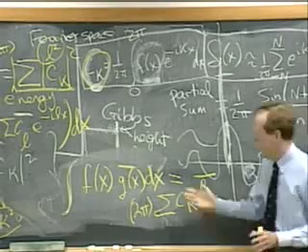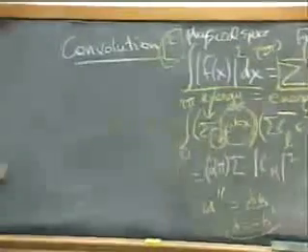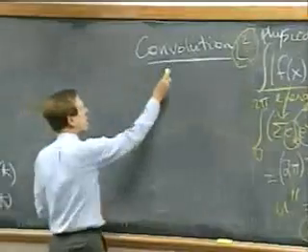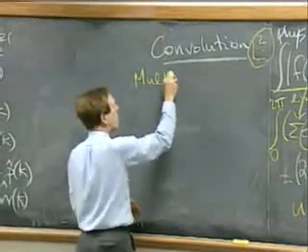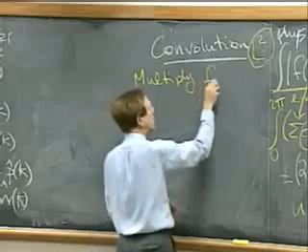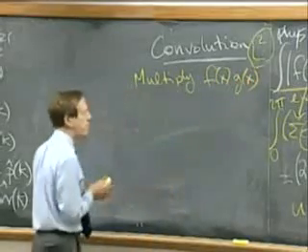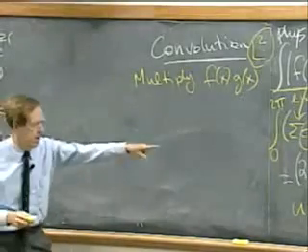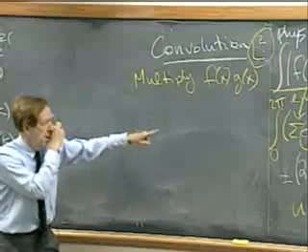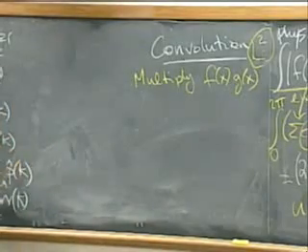Okay. But now we come to convolution. And what's the point of convolution? That we multiply functions. We multiply f of x, g of x, and I'm not going to integrate it. When I integrate it, everything becomes easy. I want its Fourier series.